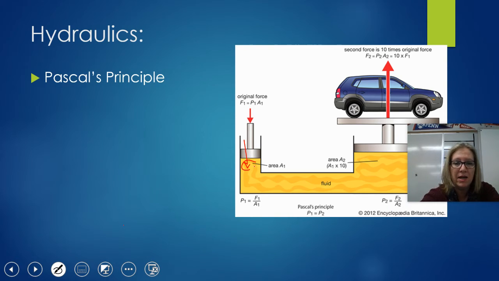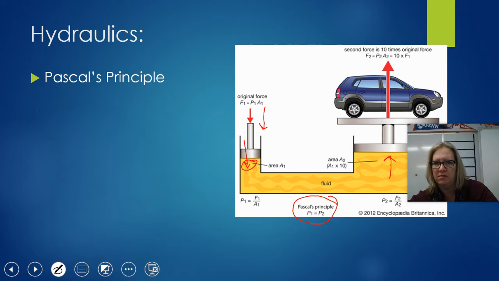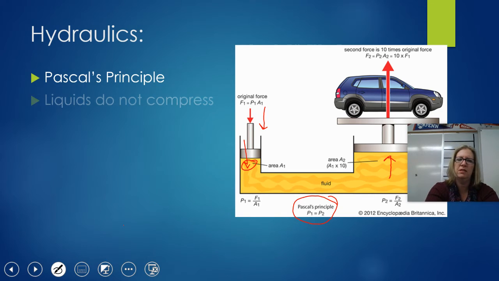It's not just going to be right here. It's going to be throughout all of the fluid. Okay, so because of that, I know that the pressure that results from my input force is going to be the same as the pressure that's exerted on the output side. Okay, I'll plug some numbers into that and it'll make a little bit more sense.